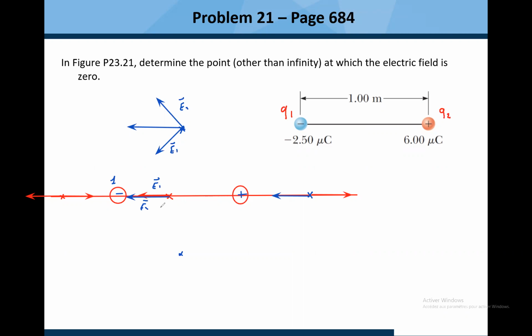So it's impossible to have a 0 field in the location between 1 and 2. Now, by this discussion, we precise the location to the left or to the right. Now, let's go to solve the problem.